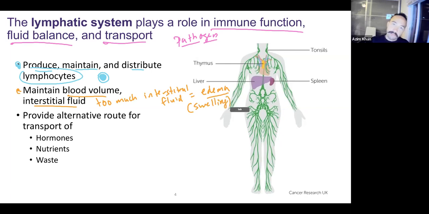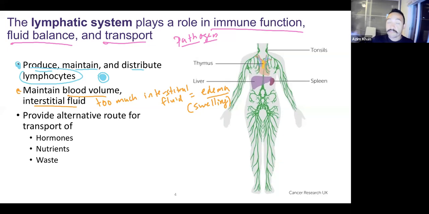If you bump your head on something and you get a big bump on your head, and it starts to swell up because you hurt yourself, that's swelling, that's edema. That edema has occurred because there's been an excess of fluid coming out of blood vessels into that interstitial fluid tissue area for purposes of healing. But if you have an increase of fluids not for that reason, that's a problem. So we'll talk more about fluid balance coming up.